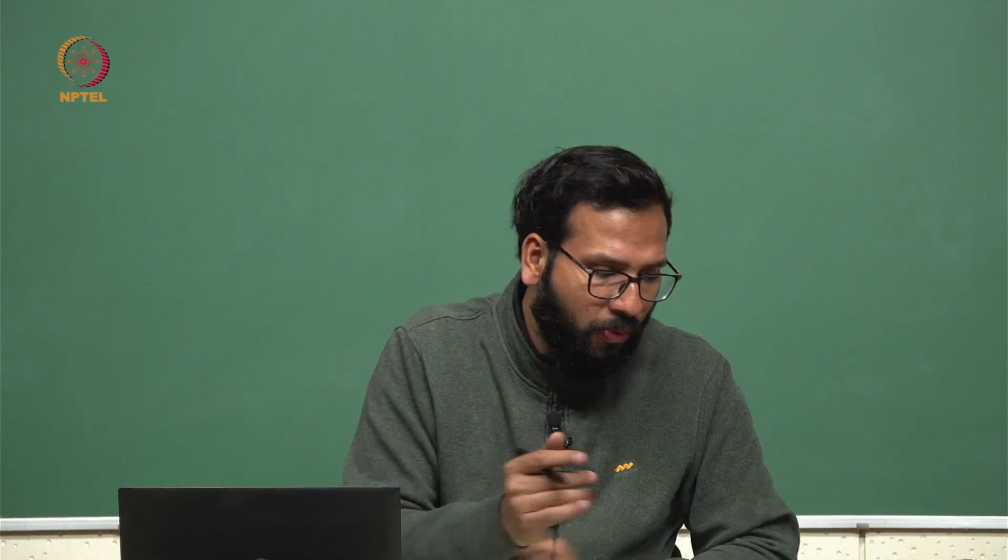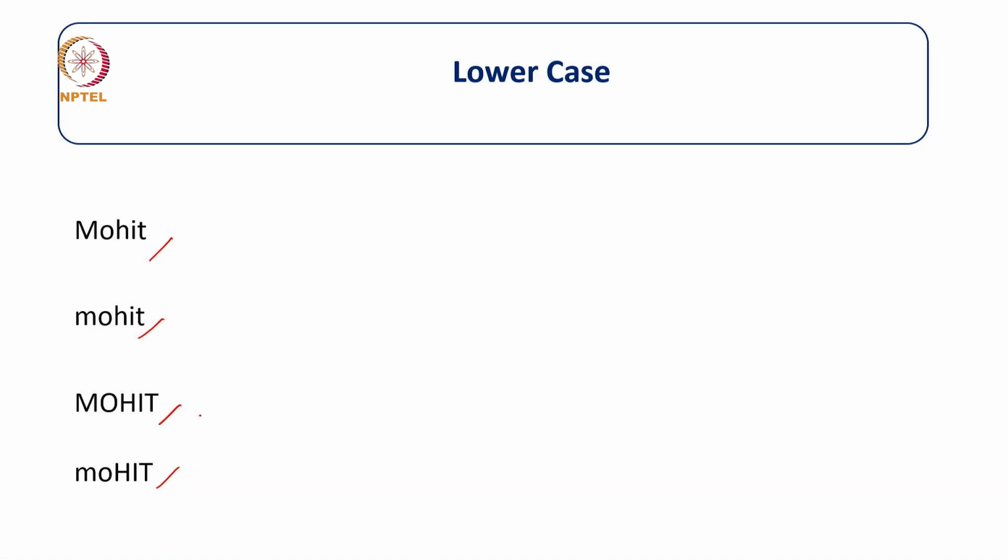So what we will do is apply lower casing. After lower casing, it will be like Mohit. It is already Mohit, so it will remain Mohit.